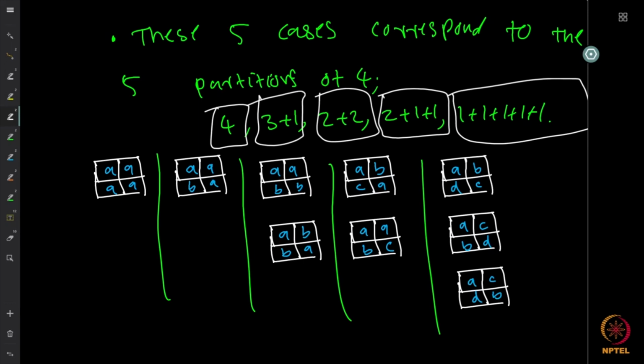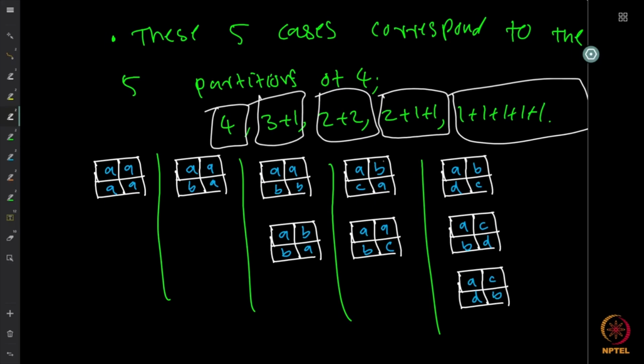With respect to the first one, you will see that all colors are the same, A, they are all identical. Then for 3 plus 1, you have A and B. Then you have A and A in the diagonal, B and B in the diagonal, they are different.